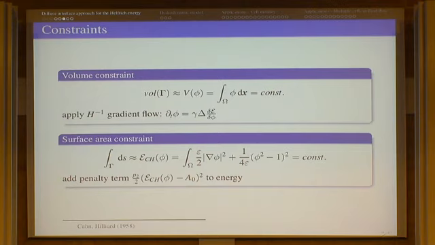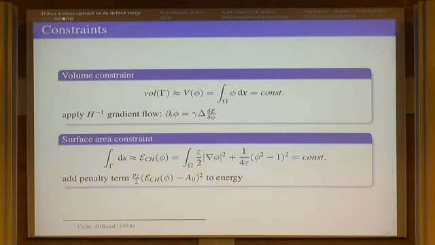In our model approach, we can then apply an H-1 gradient flow, which means that we just replace the minus gamma by gamma Laplacian of the variation. And then you can show that the time derivative of the integral of phi over the domain is equal to 0.